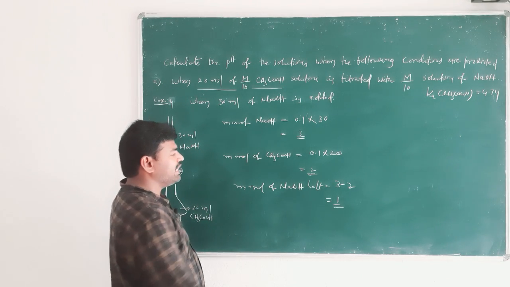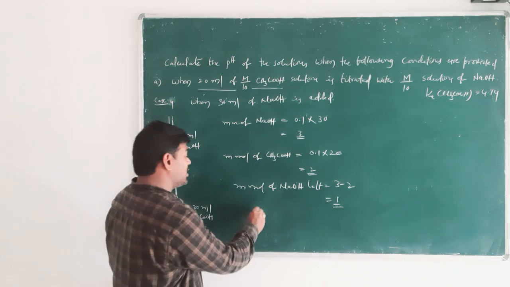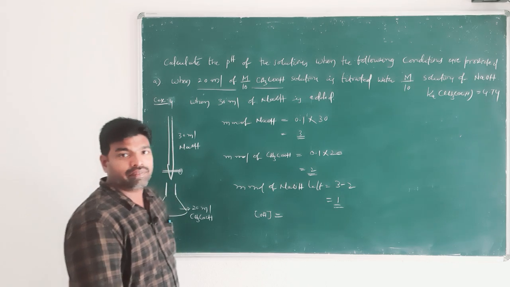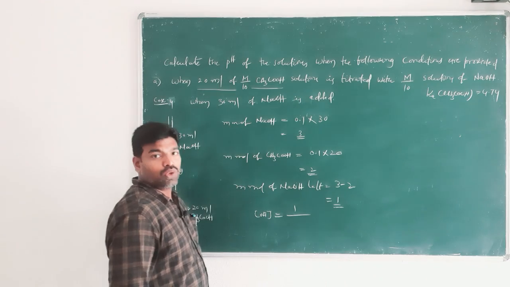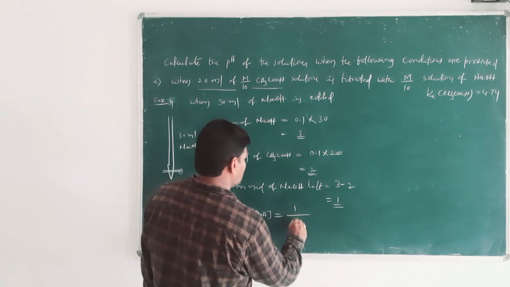We can calculate the concentration of NaOH, that is the concentration of OH minus, by dividing the millimoles left behind by the total volume, that is 50.